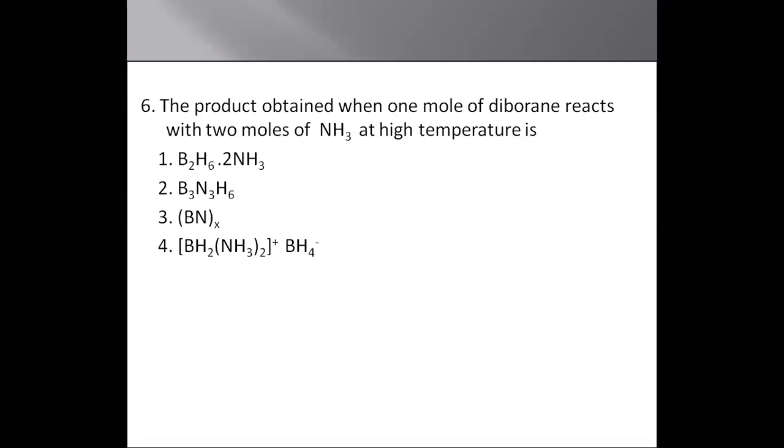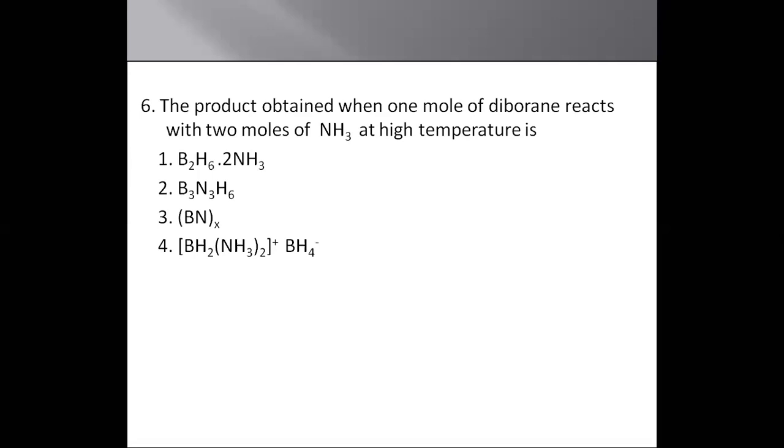Here, two things have to be noted. It just tells us diborane is treated with 2 moles of ammonia. When I see only diborane treated with 2 moles of ammonia, I may select options 1 and 4 as right. Because whenever we talk about an adduct, the first and fourth options are the result of the adduct formed when diborane reacts with ammonia.